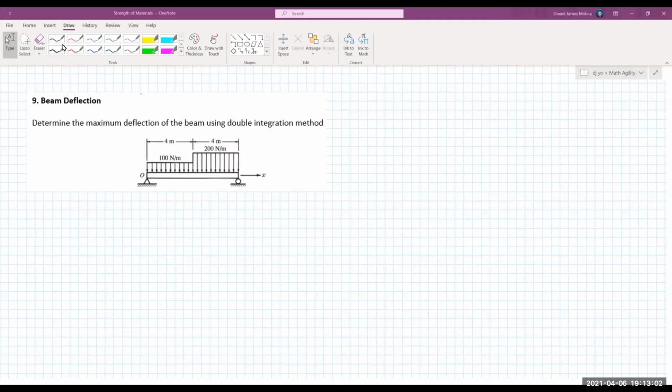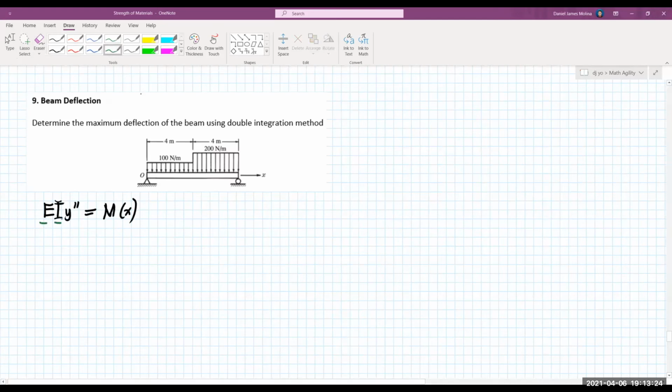For the double integration method, we have a governing equation here: EI y double prime is equal to the moment equation. I'll try to explain some of the variables involved here. E is the modulus of elasticity.